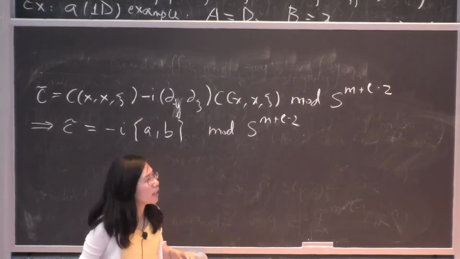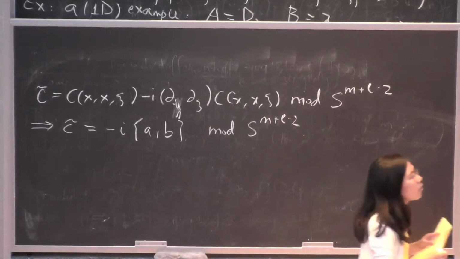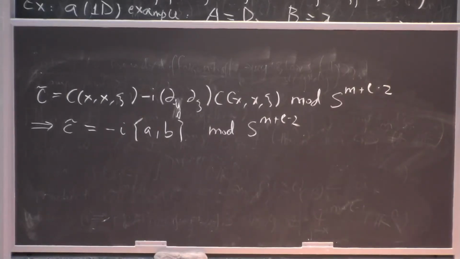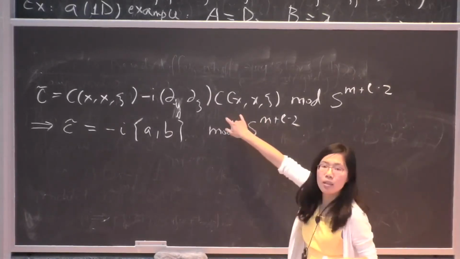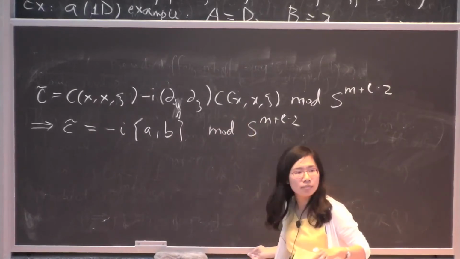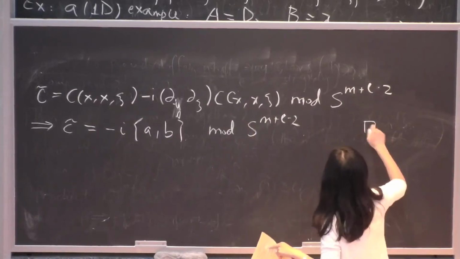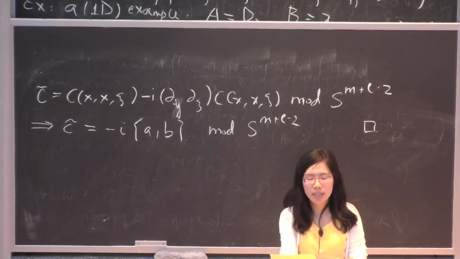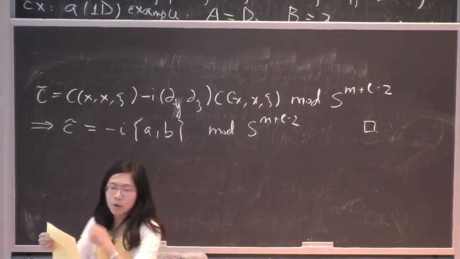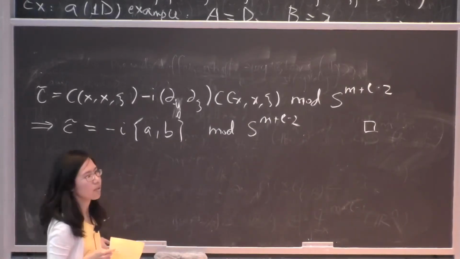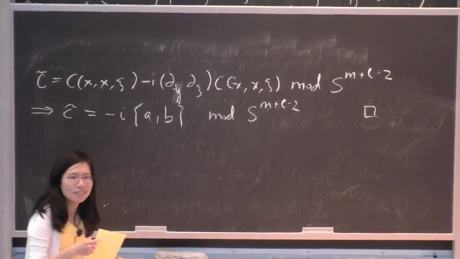So this is a quick way, but it does rely on the asymptotic expansion of this operator that we just obtained. Then everything just goes through the algebra, and everything comes from the second term in the expansion. Okay, so this finishes the commutator argument, and this will be useful, I believe, in Andres's lecture.